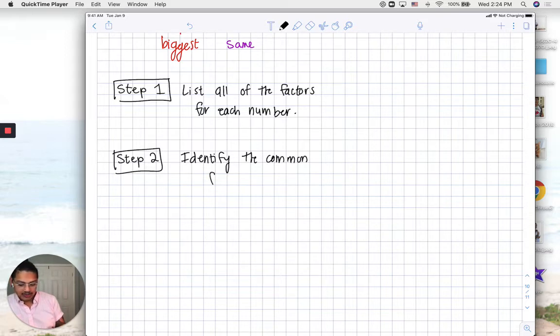So after you've created your 2 lists of factors, what numbers are shared? What numbers are the same? Identify the common factors. Once you've done that, you can go ahead and find yourself the greatest or biggest common factor.